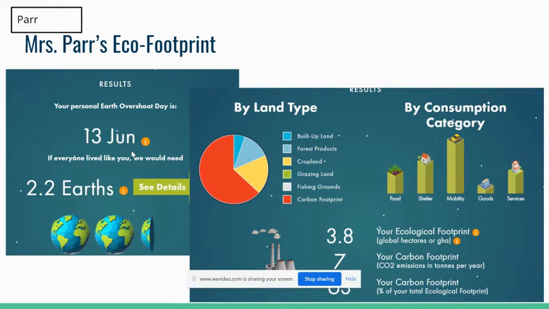It's June 13th. So I run out of Earth's resources by June 13th in the calendar year. So I would have no resources available to me after that date. So I'm not as good as the average citizen of Earth. I am a little bit worse. If everyone lived like me, I would need 2.2 Earths to support my lifestyle.